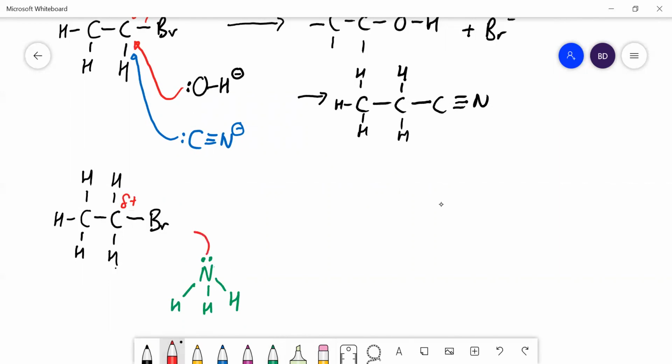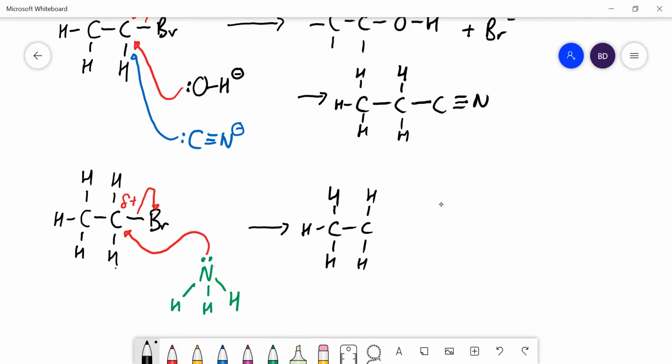Okay, so that lone pair is going to go onto the carbon. The carbon halogen bond is going to break, and we are going to form this intermediate. Okay, and that nitrogen has now got a positive charge on it.